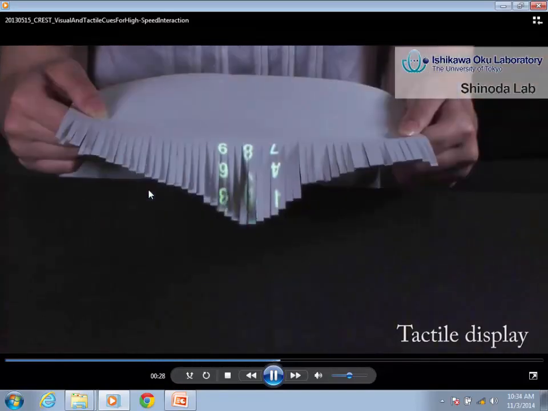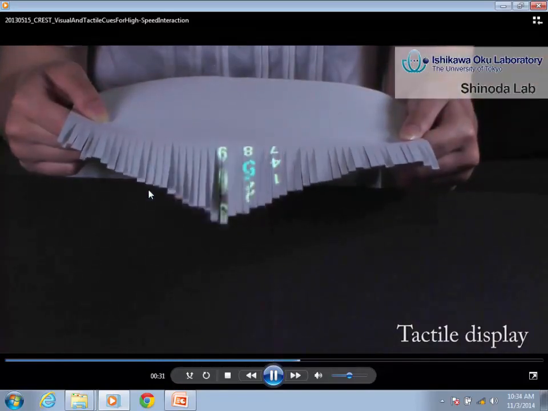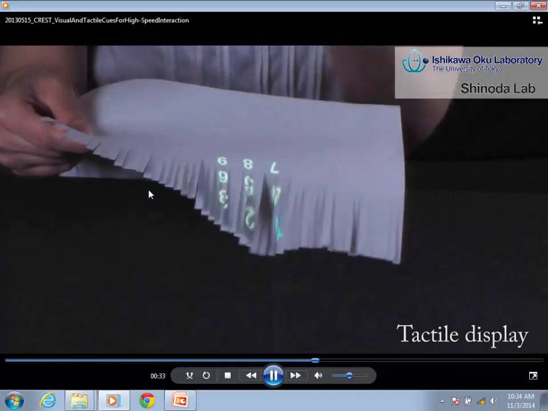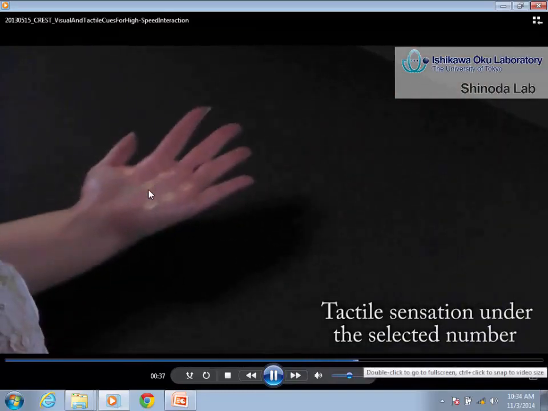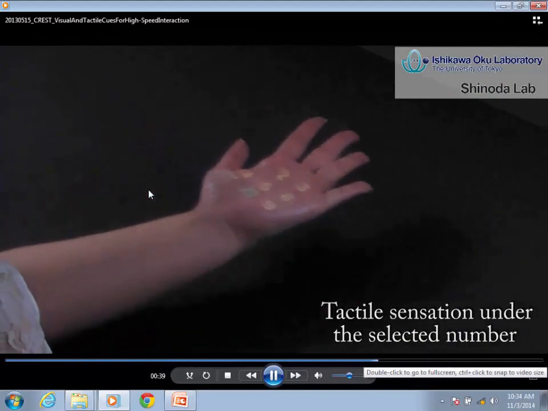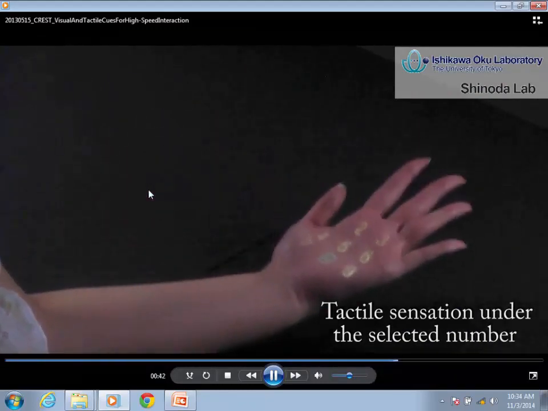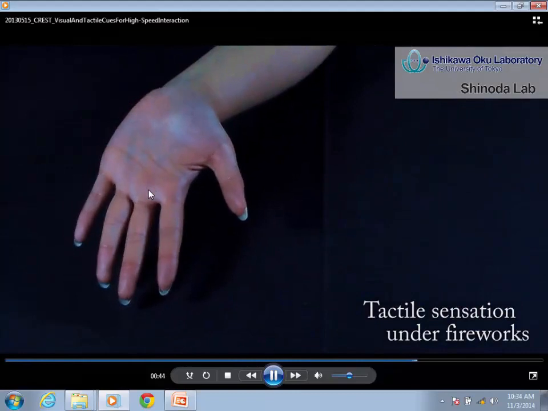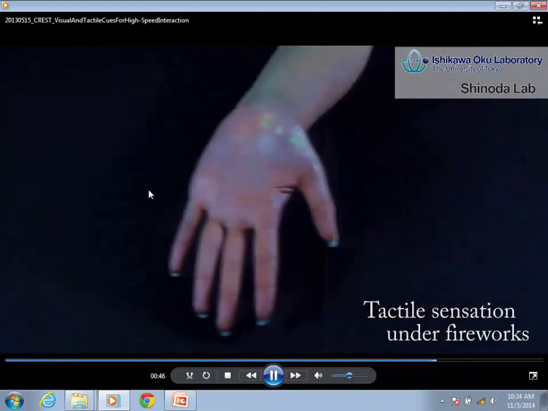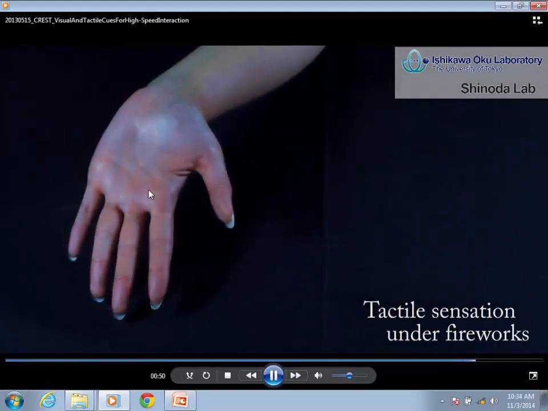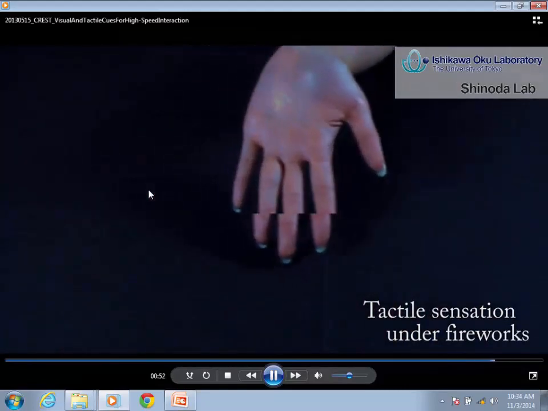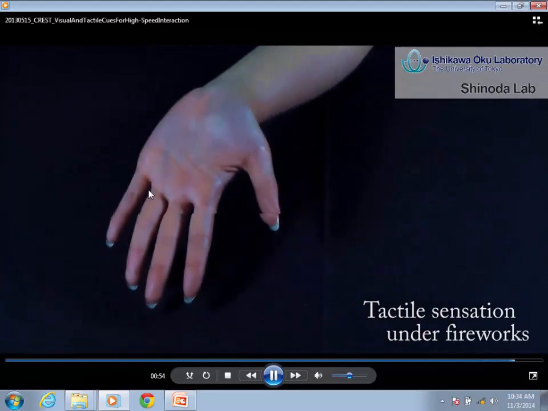Tactile sensations are felt on a selected number, and tactile sensations can change position when the number's location changes. Our hands become a numeric keypad. We can perceive the selected number from both visual and tactile sensations even if our hands move. Then we can experience fireworks shining on our hands with the sense of touch while moving our hands. This system embeds information into existing environments and objects. It points the way towards future dynamic changes in our information environment.